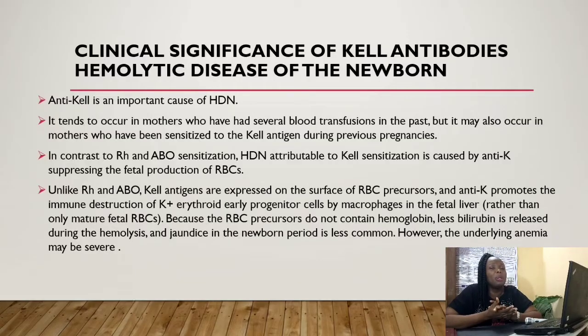But in this case, of hemolytic disease of the newborn, remember I said that K antigens can be found on the mature red cells. They can also be found on red cell precursors. That is the problem.